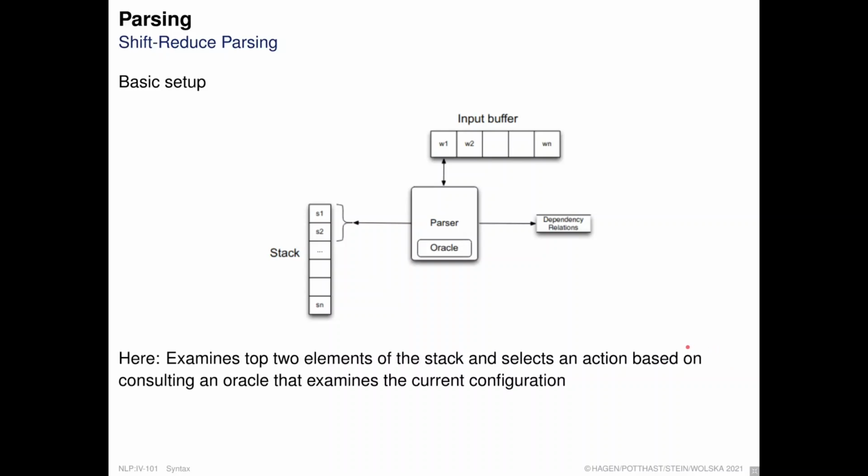There will be two types of actions based on a decision from an oracle, so something that we assume knows what the right decision is, and this oracle will examine the current configuration and make a decision which relation to pick at a given point given the current configuration.